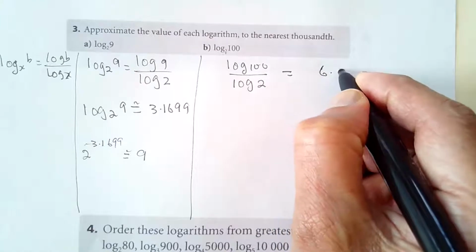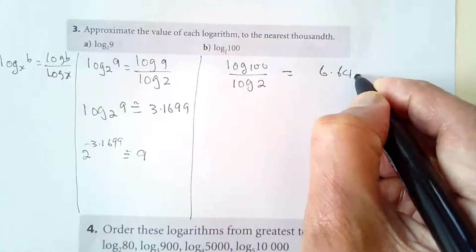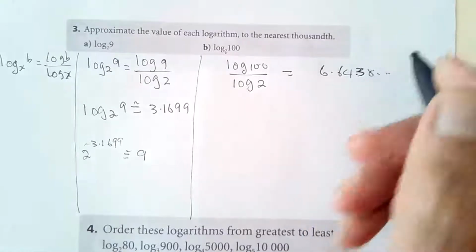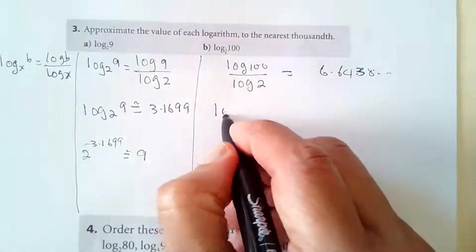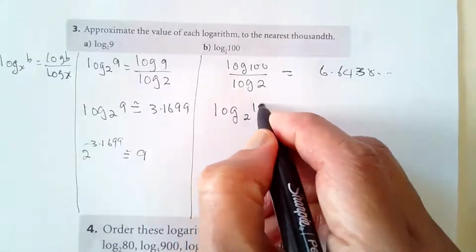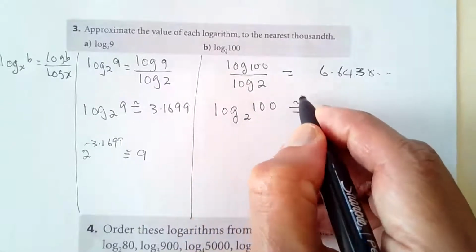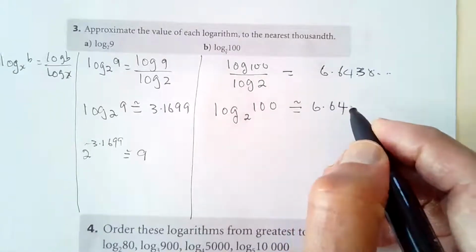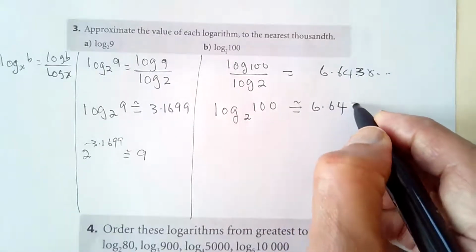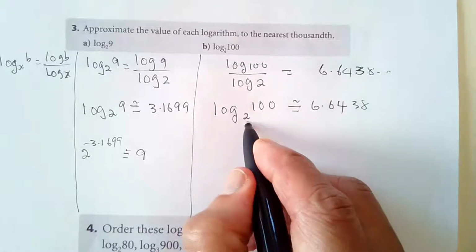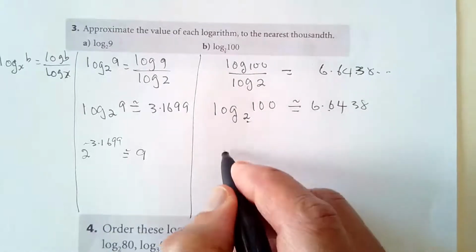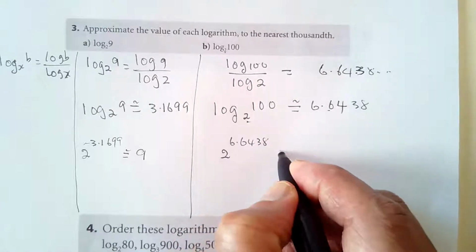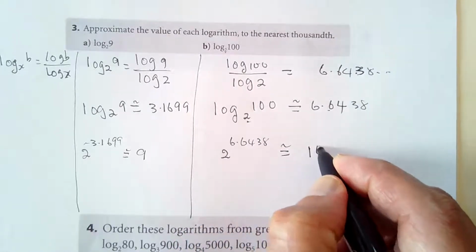I use my calculator, so we can conclude log base 2 of 100 is approximately 6.6438. We can write it as exponential: base 2, the exponent 6.6438, approximately 100.